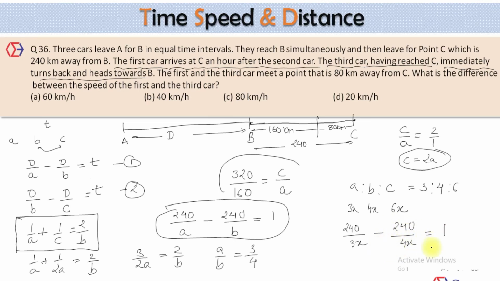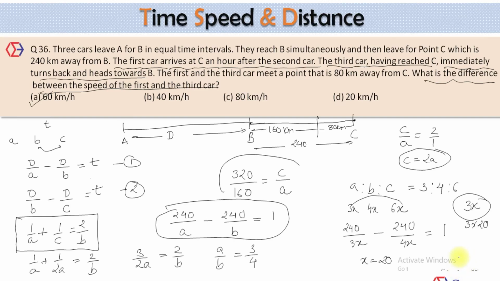So when you solve this equation, you get x equal to how much? 20. And the question is about what? What is the difference between the speed of the first and third car? 3x and 6x. What is the difference? 3x. And x is how much? 20. So 3 into 20 becomes 60 kilometers per hour. So the answer becomes first option.